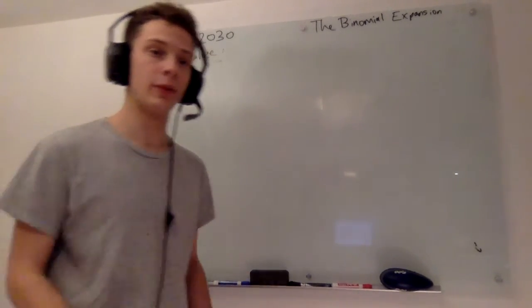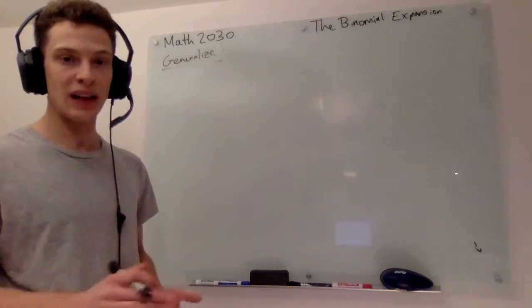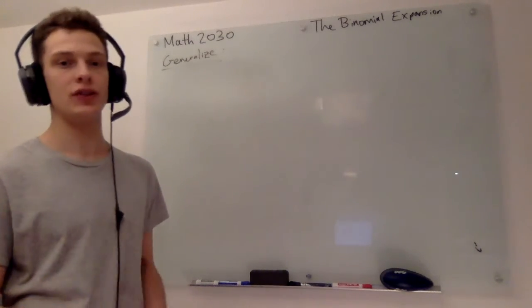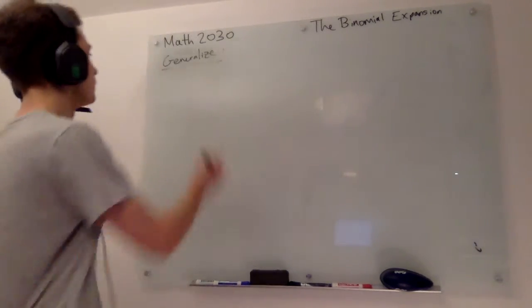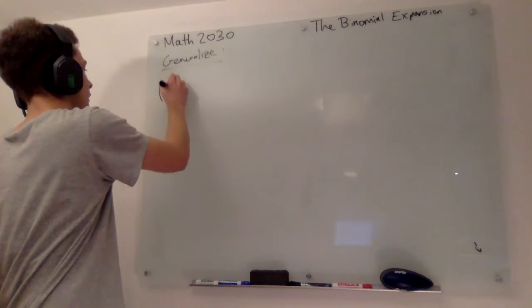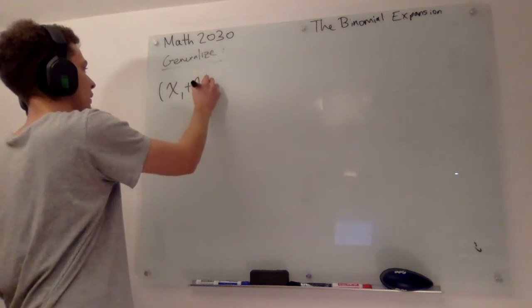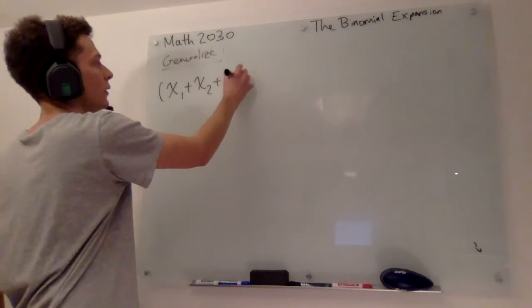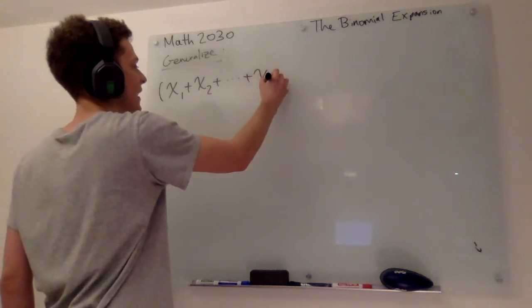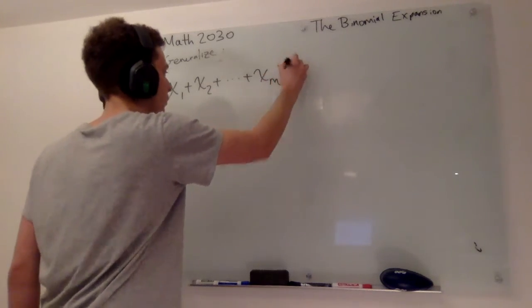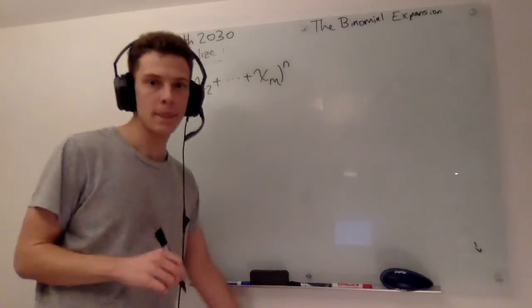Taking our thinking from before, we can in fact generalize our binomial expansion to multinomials. So we want something that will work for multinomials of the form (x1 + x2 + ... + xm)^n.